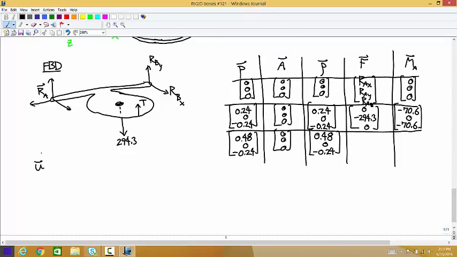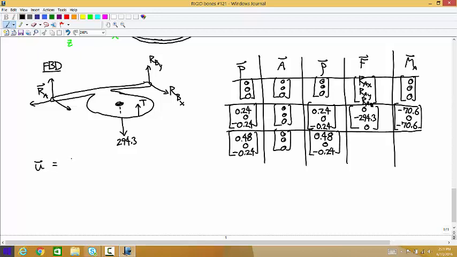A force in the direction of that cable force is what? You need a unit vector.